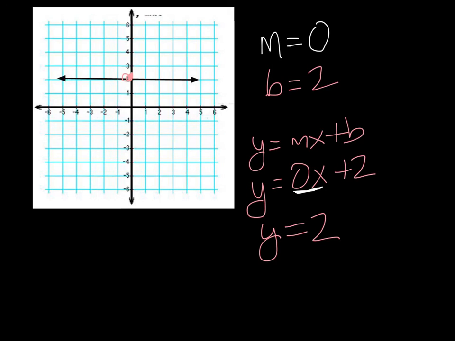If we were to plot these points and get the coordinates, this point, that point, that point, every point on that line will have the same y coordinate, which will be 2. And that's why the equation of a horizontal line is always y equals something.